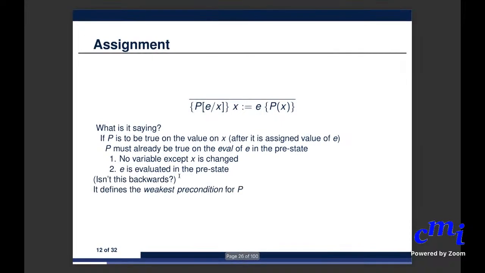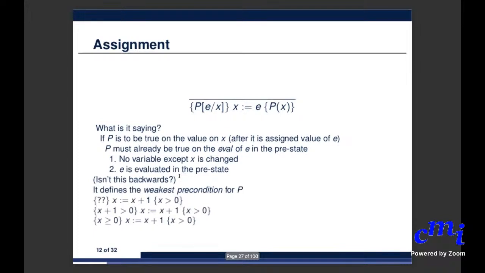And this defines the weakest precondition. So, for example, if you want x to be greater than 0 in the post state after x is assigned x + 1, then x + 1, which is the value that x takes, itself better be true in the pre-state.